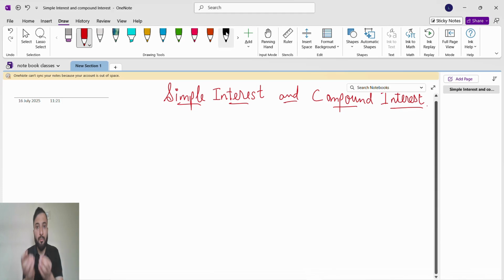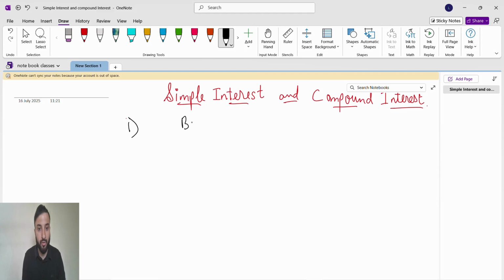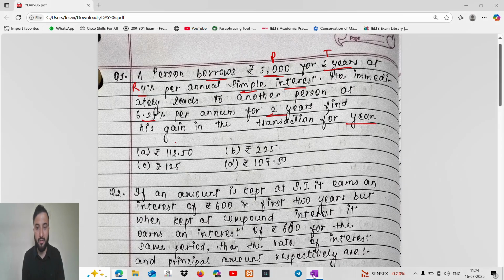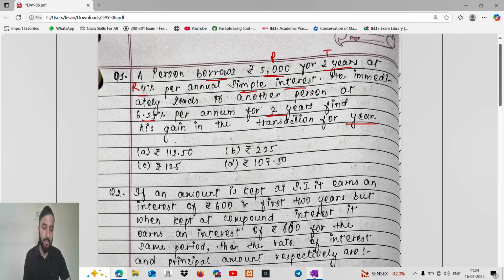So here two conditions will be there. First thing is he borrows from the bank. If he borrows from the bank, he has to pay the interest to the bank. Simple interest, we know the formula: P into R into T by 100.